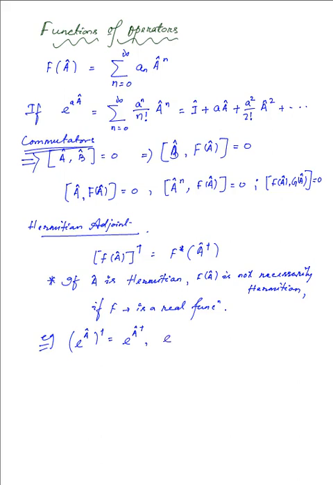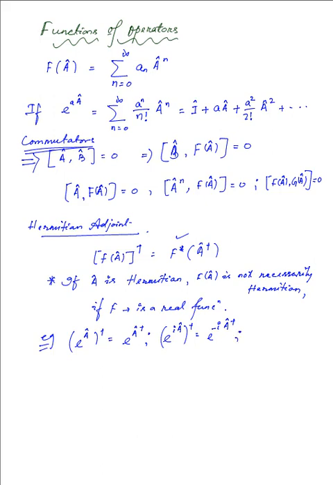But if we consider the case where e is raised to the power i times the operator A, and then we consider the Hermitian adjoint of it, in that case we'll have, as we can see over here, the conjugate of it: e raised to the power minus i, and then the adjoint of A multiplied to it. Now obviously this is not Hermitian because we have a minus over there. It's not the same as the operator itself after carrying out the adjoint operation.